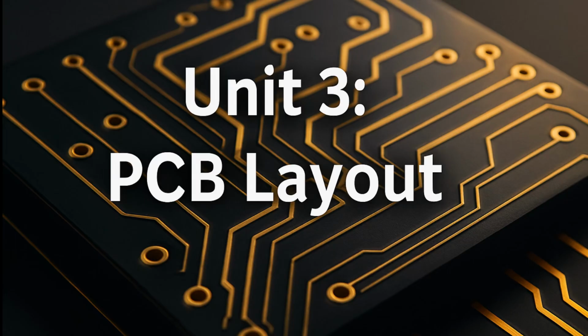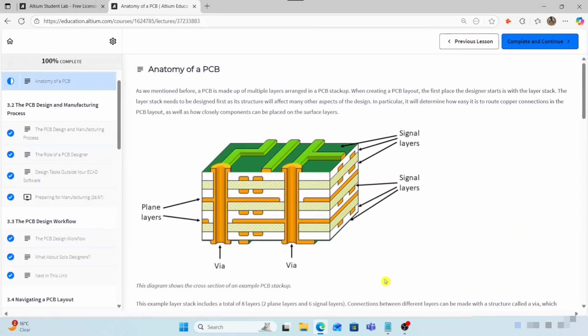Unit 3 is PCB layout. Here, the transition from schematic to board layout is explained.